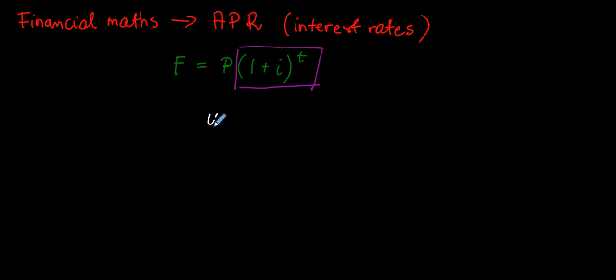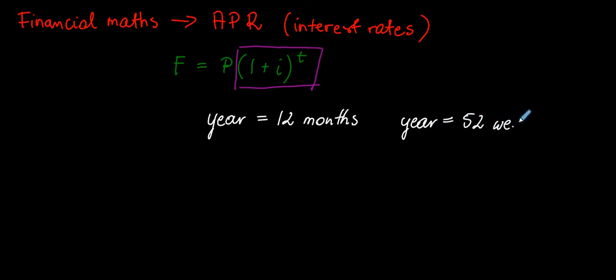So we're going to say that a year will equal 12 months, isn't it? I cannot say that the year equals a month, or a year equals 52 weeks. So if it is months, that's what I'm looking for. If it is weeks, that's what I'm looking for.